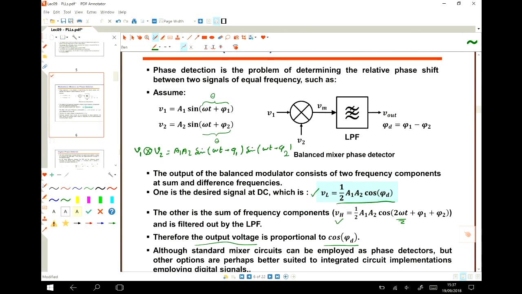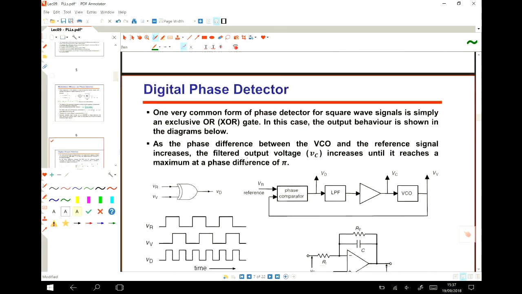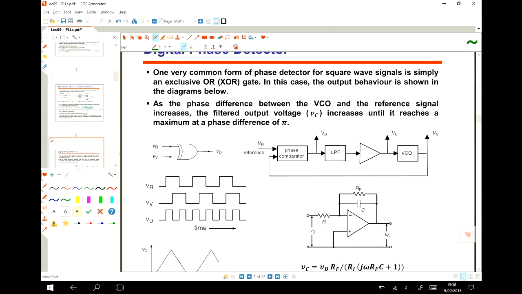But this is a very simple concept. Another phase detector that we can use is a simple XOR gate.